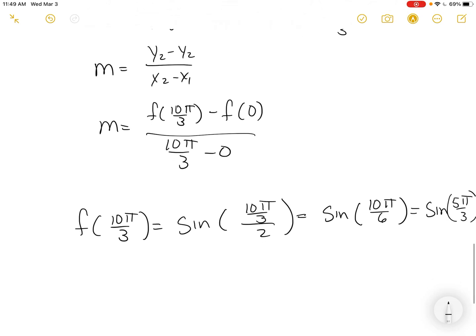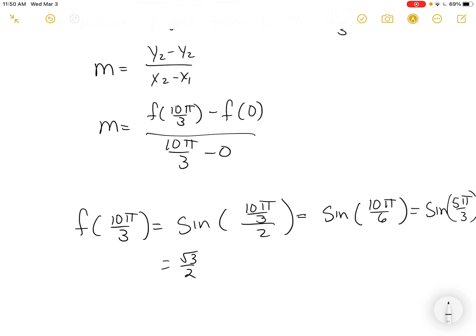Now, this is what 6.1 to 6.3 has in it. You should know the sine of 5 pi over 3. If you're having to use a calculator or a table to look it up, please note that you may not pass your calculus class. Calculus requires that you have these things memorized. And so when we say sine of 5 pi over 3, if you don't immediately think of the square root of 3 over 2, we're going to have a little bit of a problem. Now, I have to remember what quadrant I'm in.